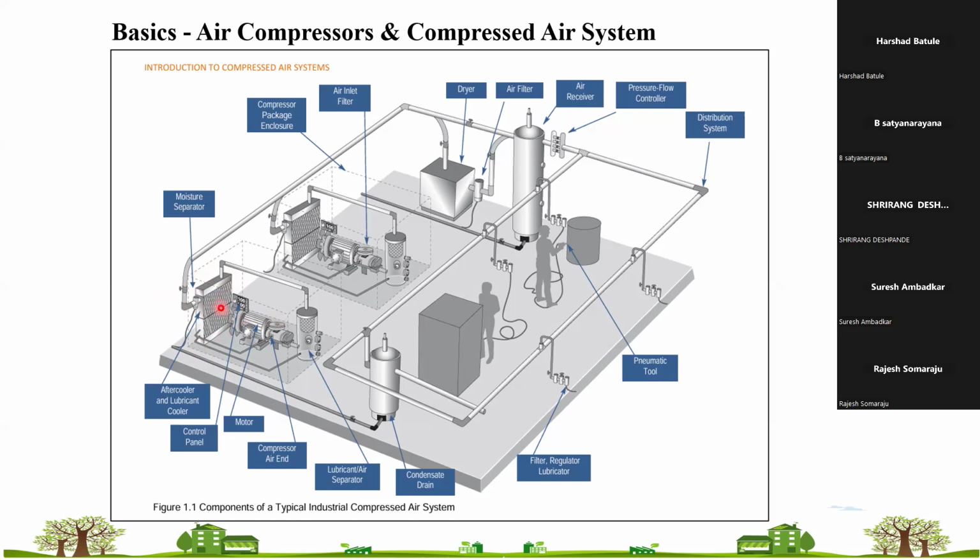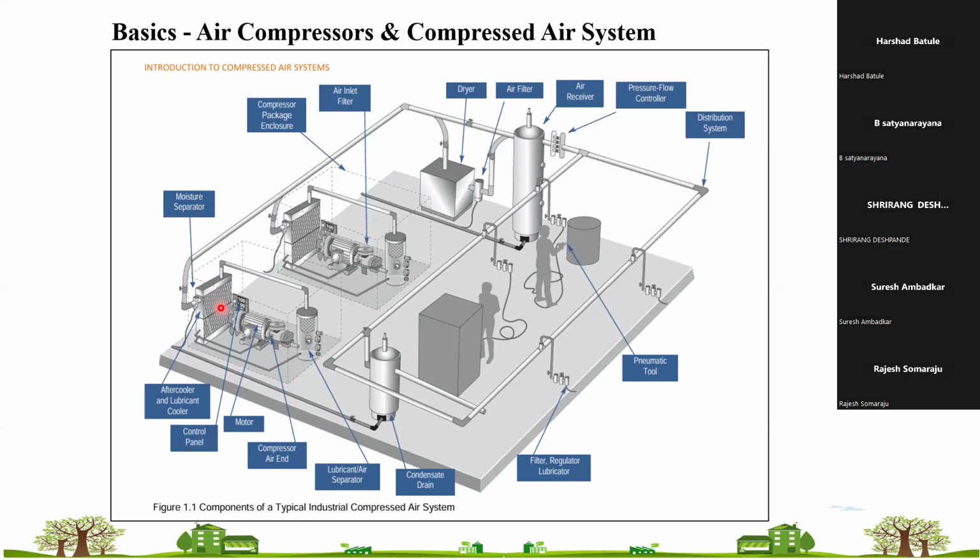There are multiple coolers in an air compressor. One is your aftercooler, then there are intercoolers, then there are lubricant oil coolers. Interstage coolers are in between the stages, where the air temperature is drastically taken down.